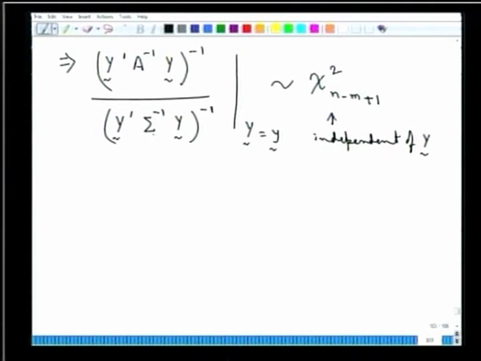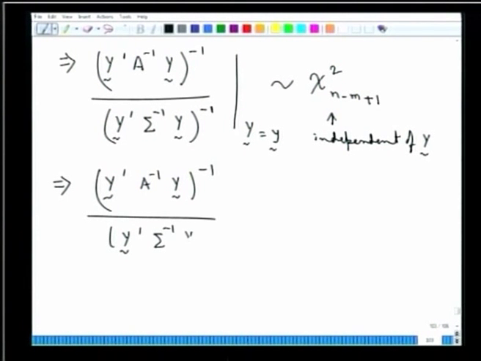Thus, the conditional distribution of this expression given y equal to y is the same as that of the unconditional distribution. So this would imply that y transpose A inverse y inverse divided by y transpose sigma inverse y, the unconditional distribution, is also going to have a chi-square on n minus m plus 1 degrees of freedom.